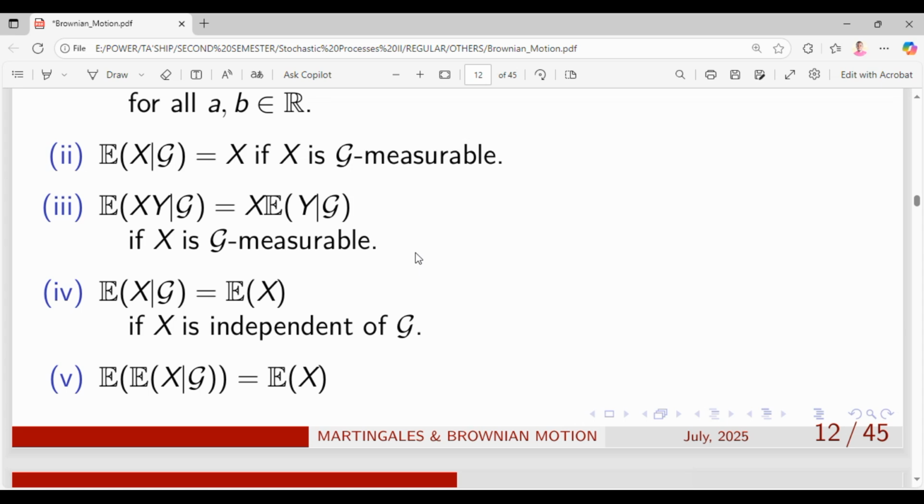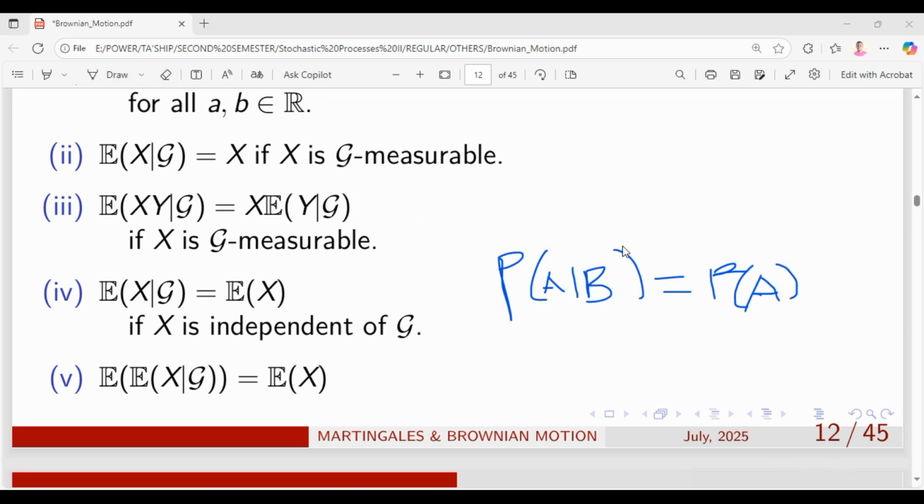Remember, if you have probability of A given B, if A is independent of B, then it simply will give us probability of A. Same thing here. If X is independent of G, then the expected value of X given G simply will give us the expected value of X. As simple as that.